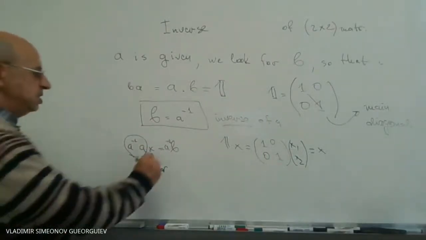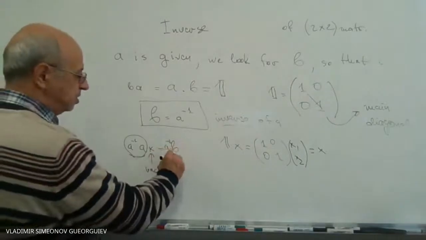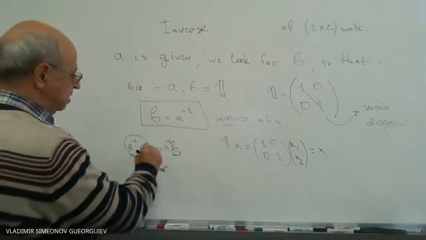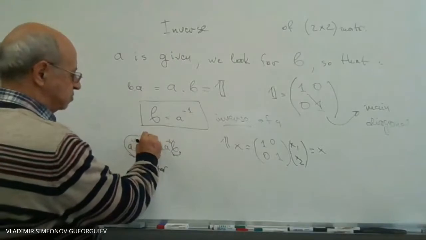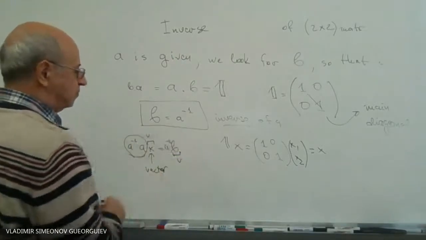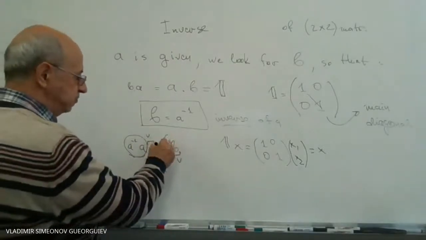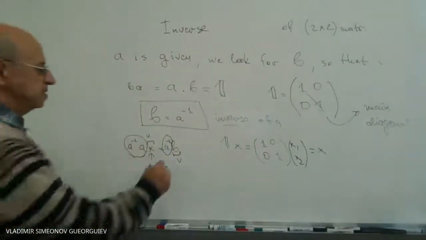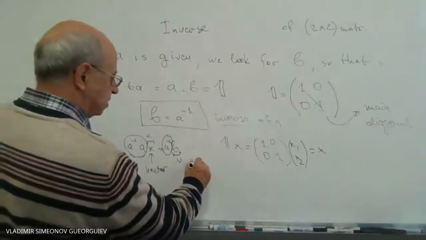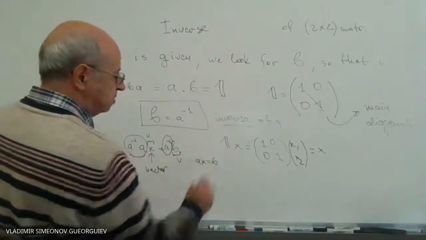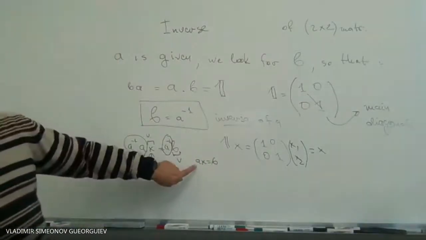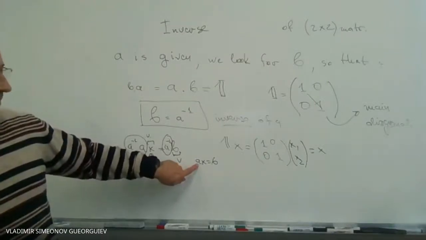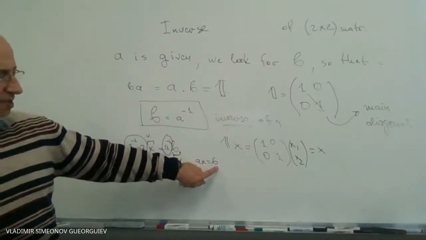Of course, here we can interpret x and b as vectors. And if we find the inverse of our matrix A, then we can find the solution of our equation AX equal B, in which A is a matrix, X is a vector, B is a vector.